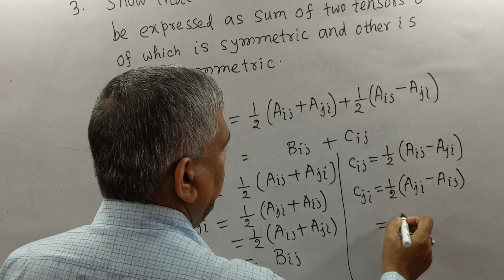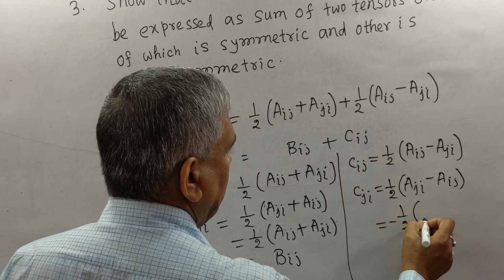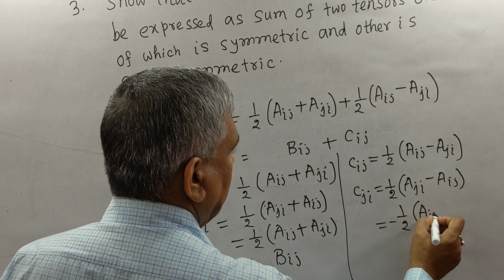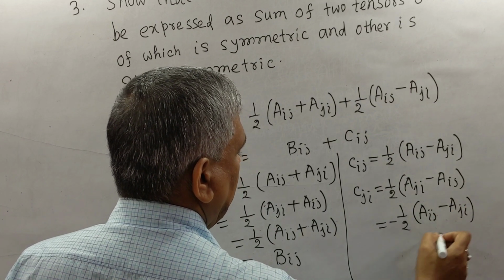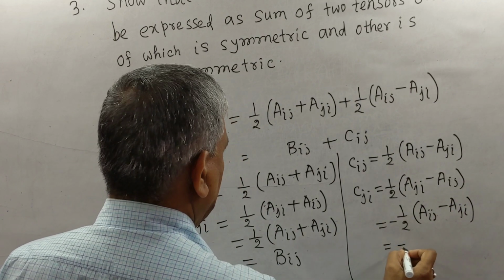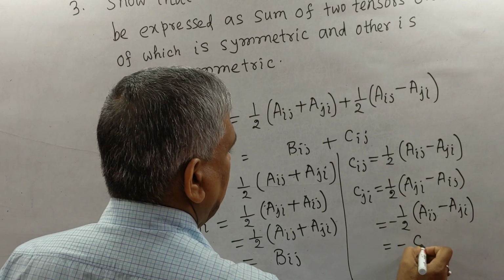This equals minus half of Aij minus Aji, which equals minus Cij.